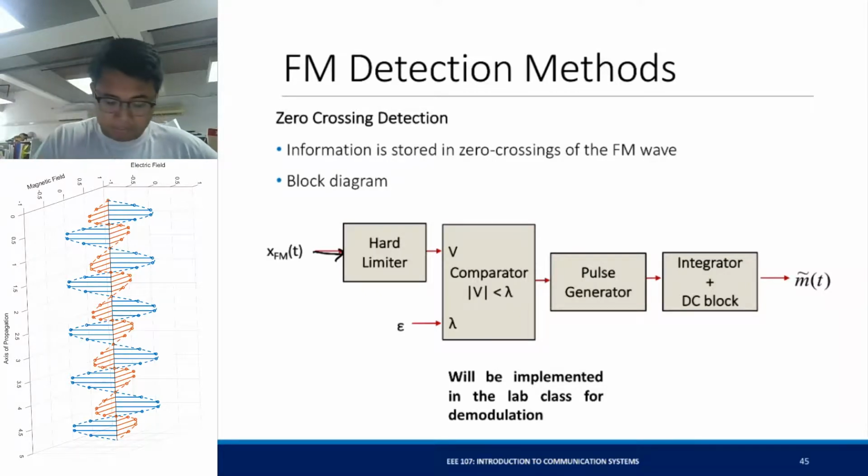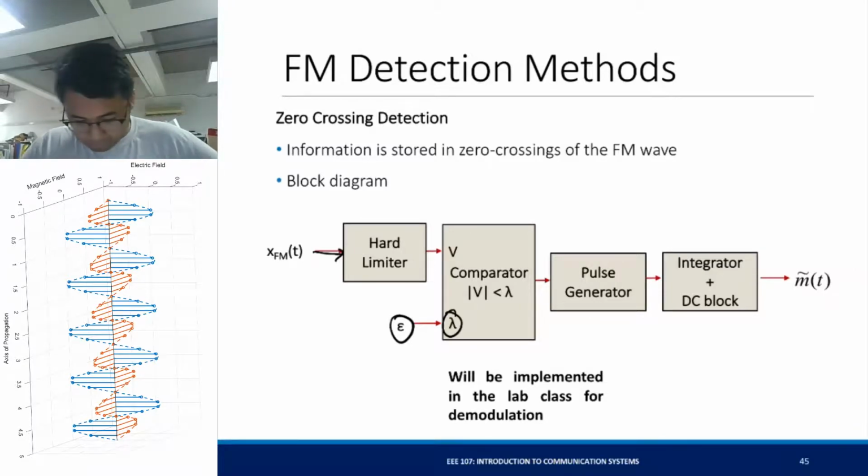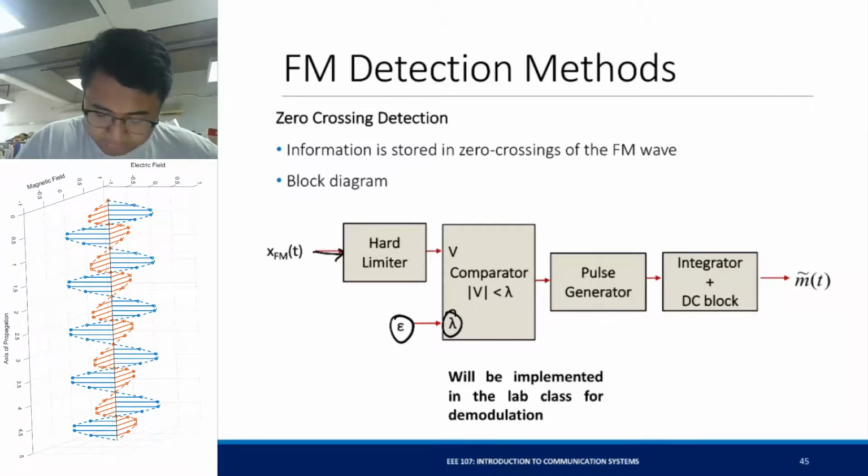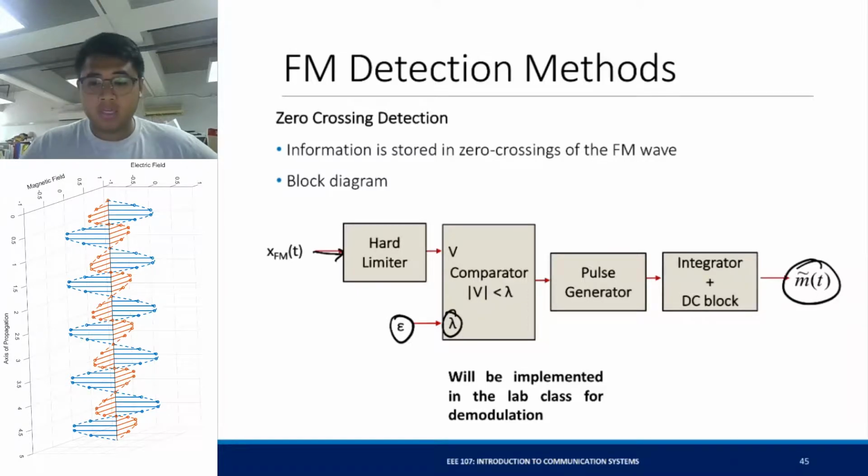Okay, and you put some error here as a parameter for the comparator. With that, you create pulses in the comparator, and the pulses will vary depending on the FM signal's zero crossings. Okay, and you integrate those pulses and add a DC block, you can recover your message signal.